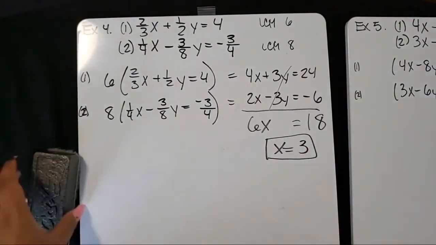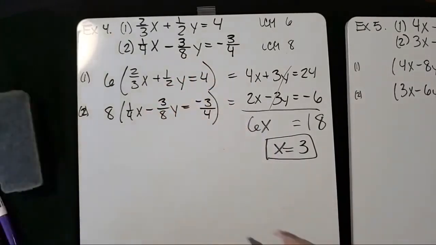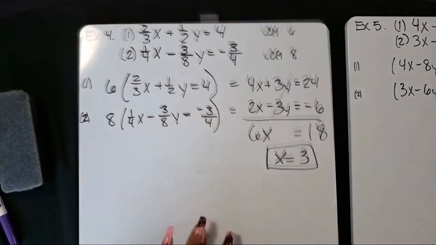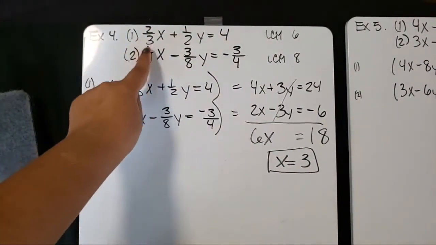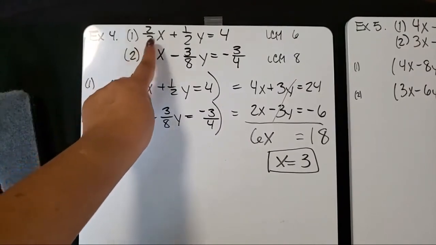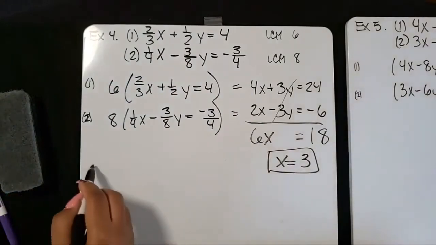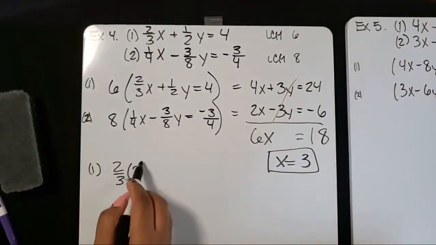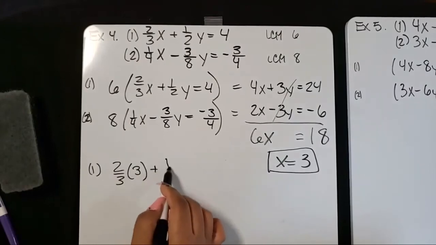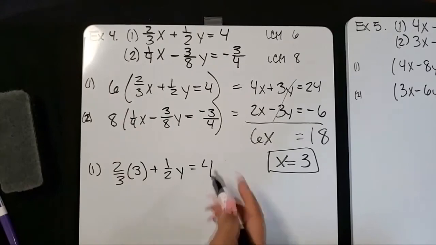Now that we have found x, we can plug it into the first or second equation. I'm going to plug it into the first equation because this fraction has a denominator of 3. So I'm going to plug that x in there. So we got 2 over 3 times 3 plus 1/2 y equals 4.